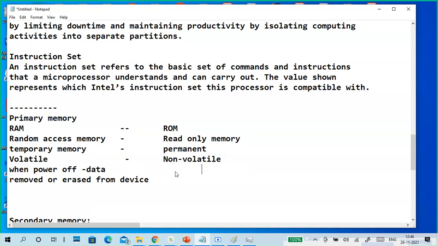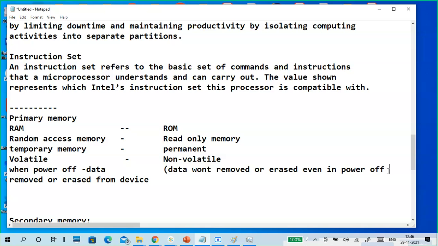Next, what is non-volatile memory? Data won't be removed or erased even when power is off.